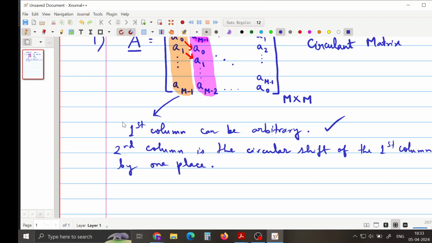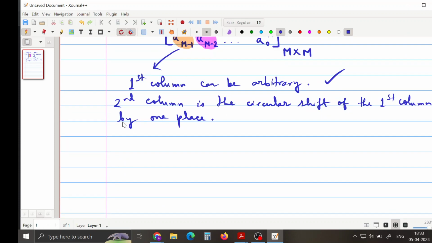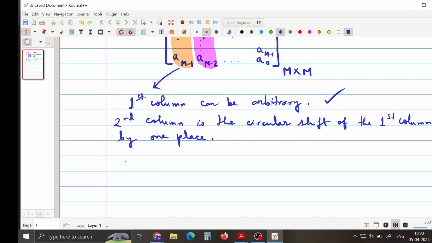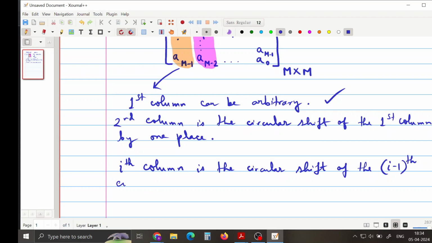The elements are going downwards by 1 place, and similarly you can repeat this pattern and generalize a statement that the ith column of this matrix is the circular shift of its preceding column, which means the I minus 1th column, by 1 place.